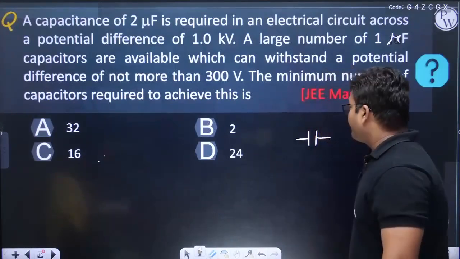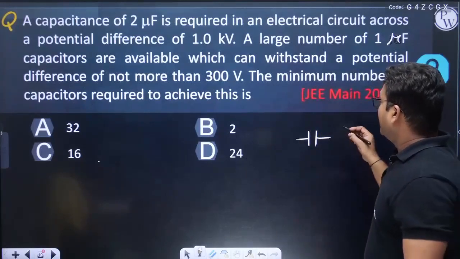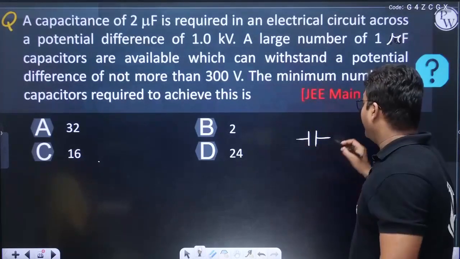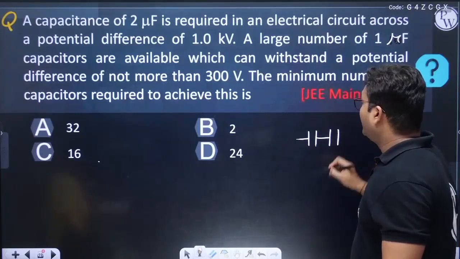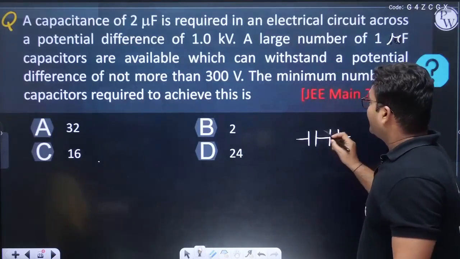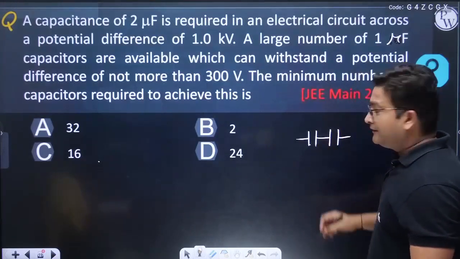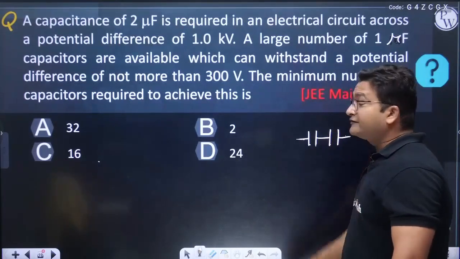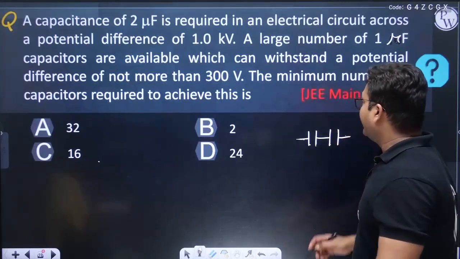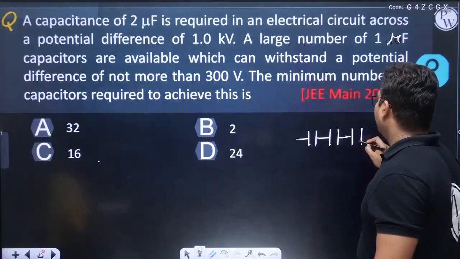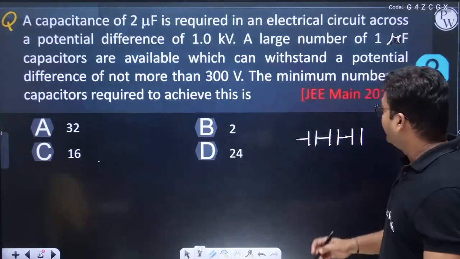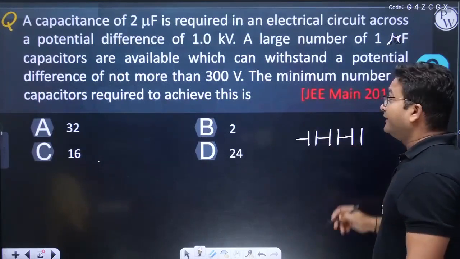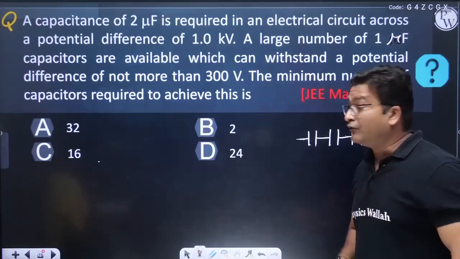So we have 1 microfarad and 1 microfarad, we cannot give more than 300 volt on this. As potential is divided in series combination, if I add one more 1 microfarad, 300 this can tolerate, 300 this can tolerate. So total voltage we can apply across this combination is 600. Still it is less. Let us apply one more in series. Now 300, 300, 300, so 900 volt we can give.